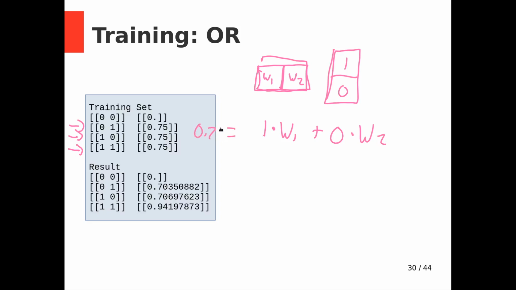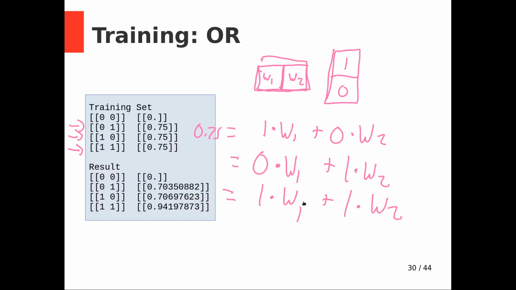equals 0.75, but so does 0 times W1 plus 1 times W2, and so does 1 times W1 plus 1 times W2, right?